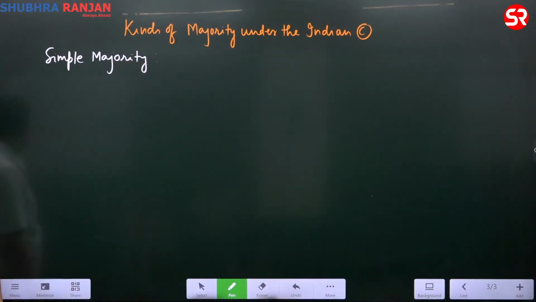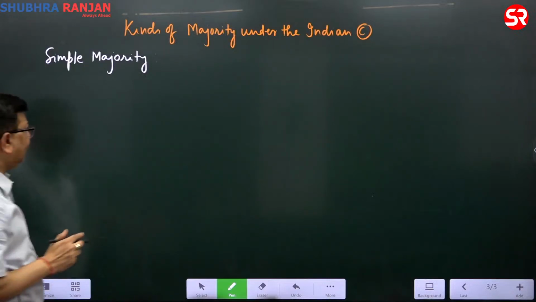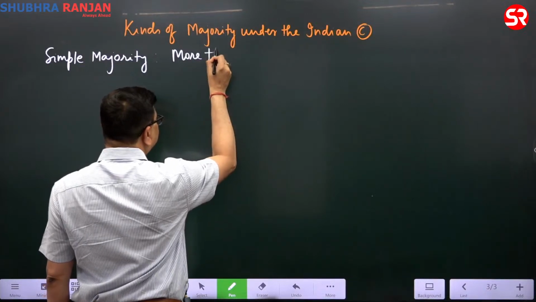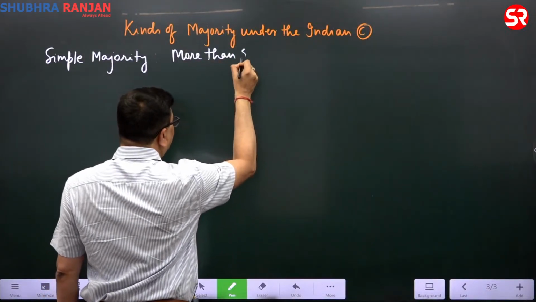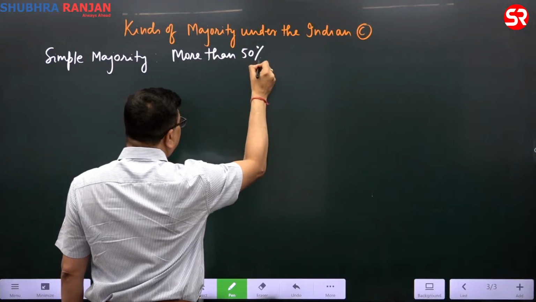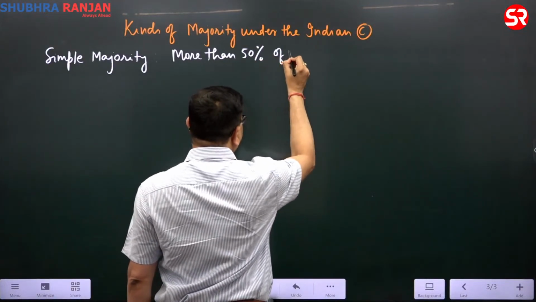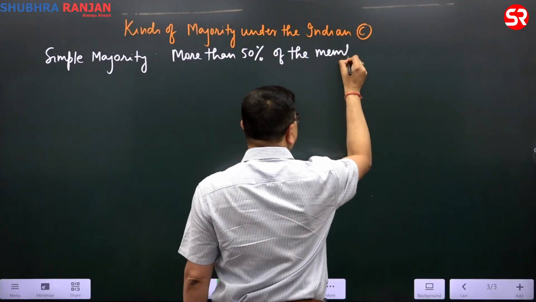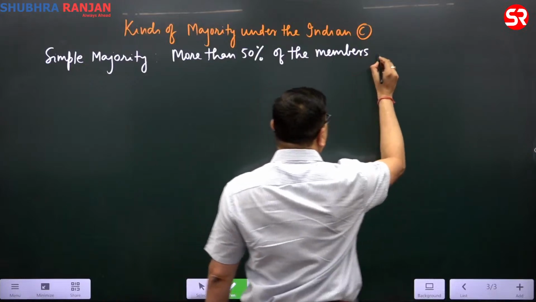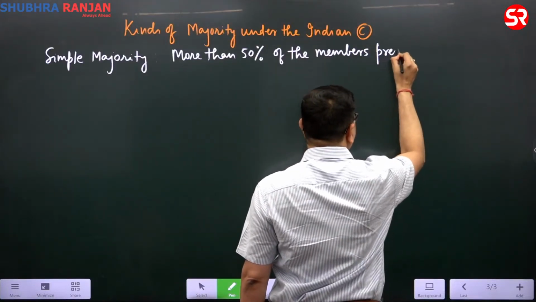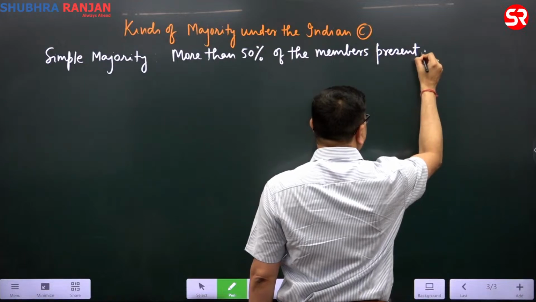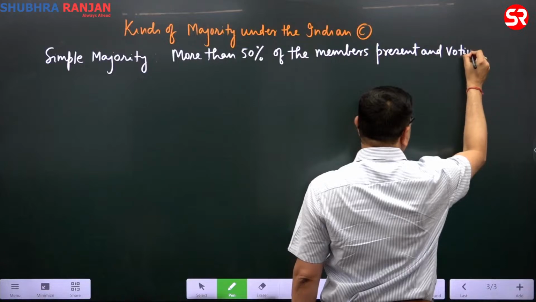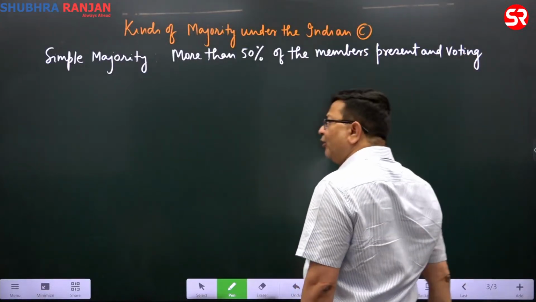Simple majority. Simple majority is more than 50% of the members present and voting.